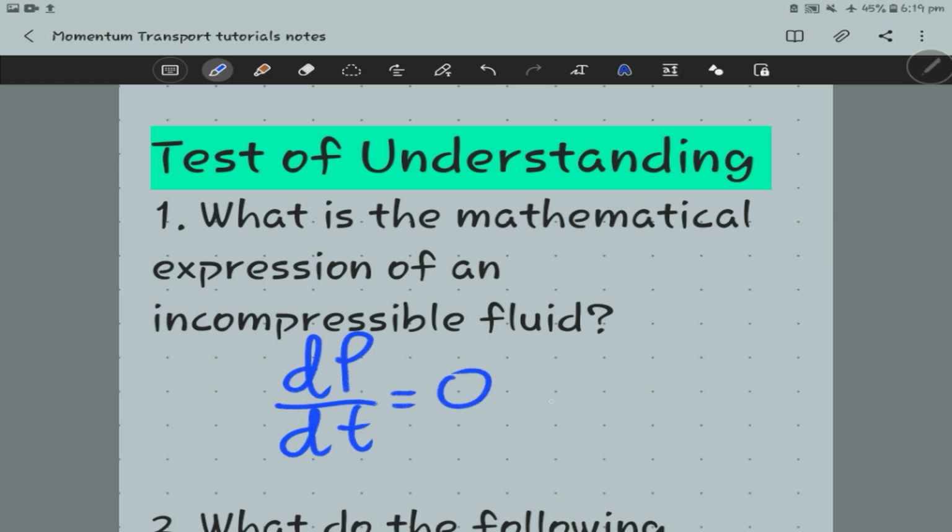That's the same as writing density is constant. That's what it means. Density doesn't change. When you compress it, it remains the same, right? So same as writing density is constant.